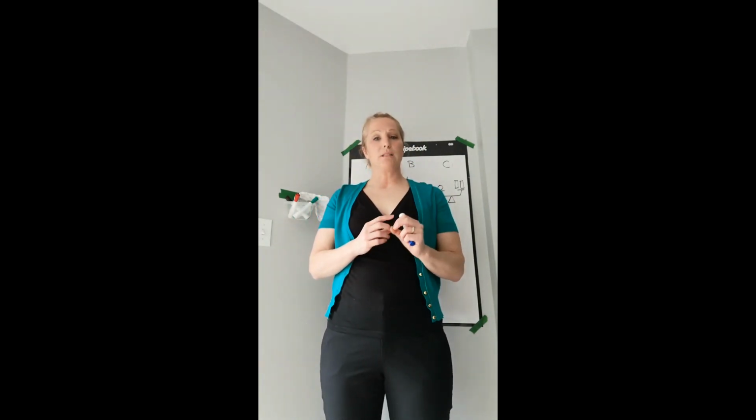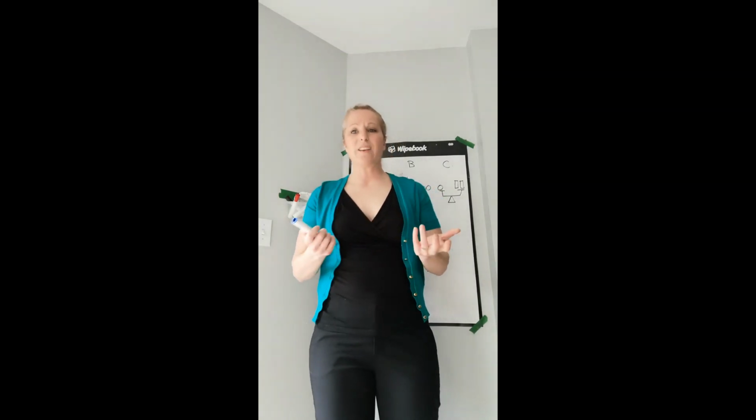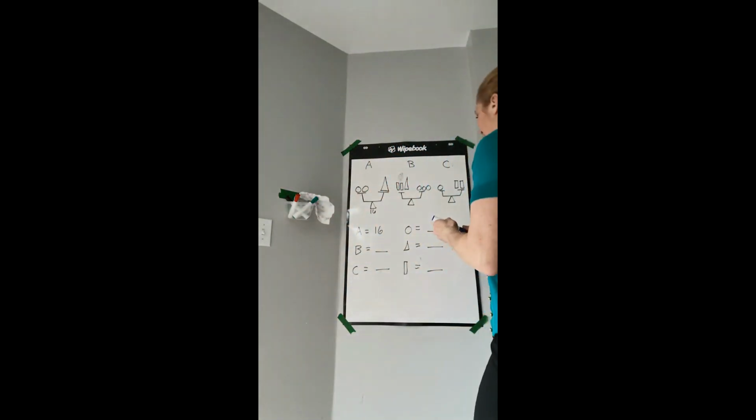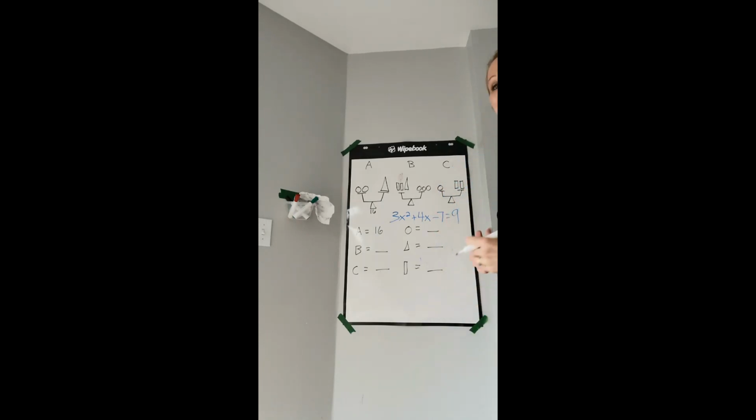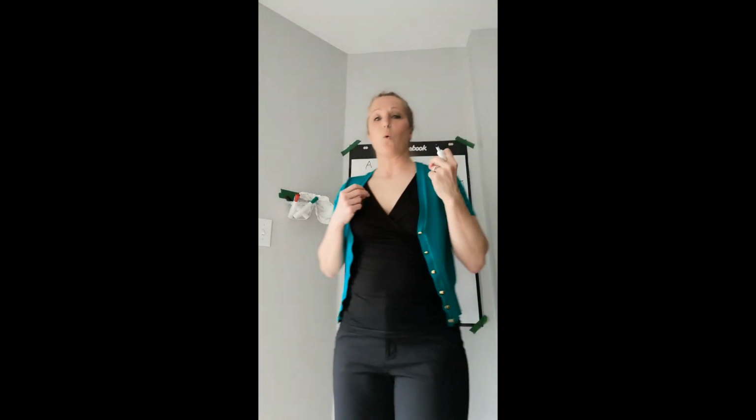But the goal is for you to learn the proper process so that when you get a question that's something like, I don't know, 3x squared plus 4x minus 7 equals 9, you know the process that's going to allow you to figure that one out.